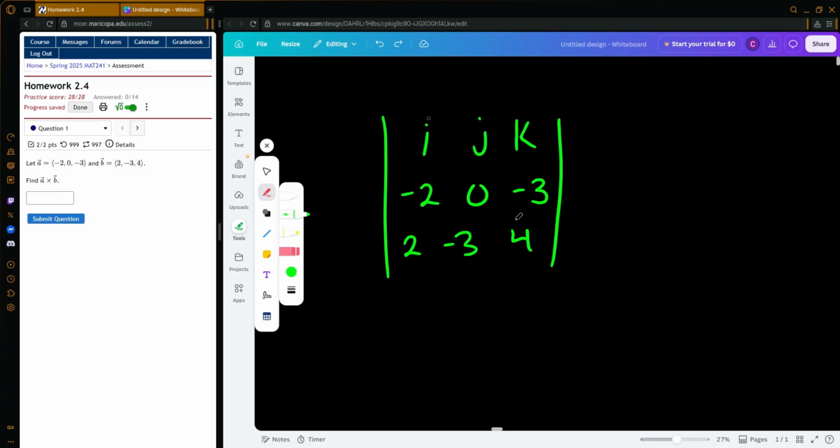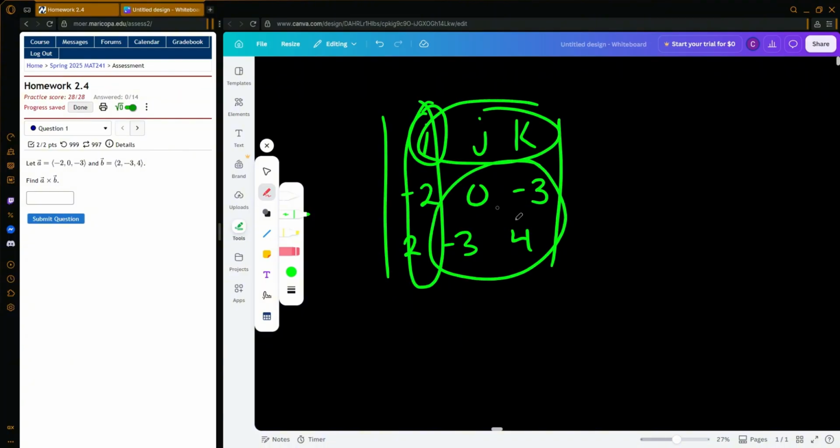So let's start with that. We're going to blot out these numbers and focus on these numbers. 0 times 4 is 0, minus this times this is positive 9. So for our first component, we're going to get negative 9.